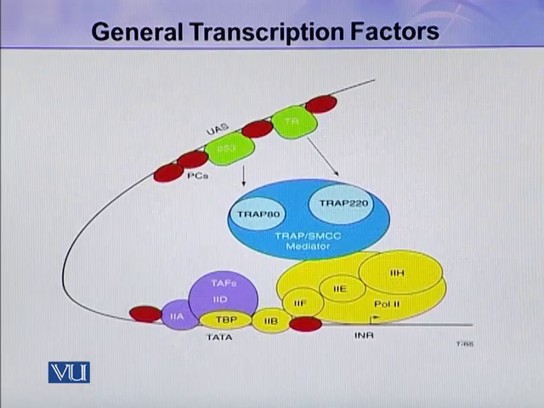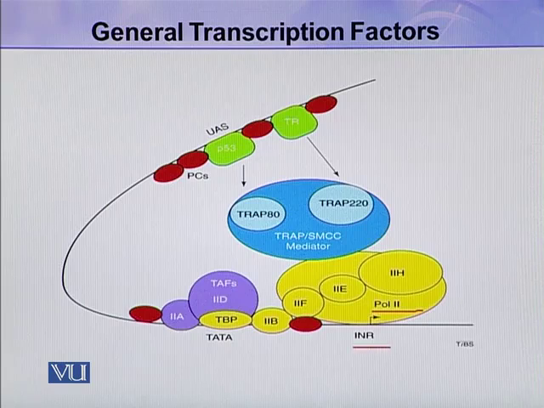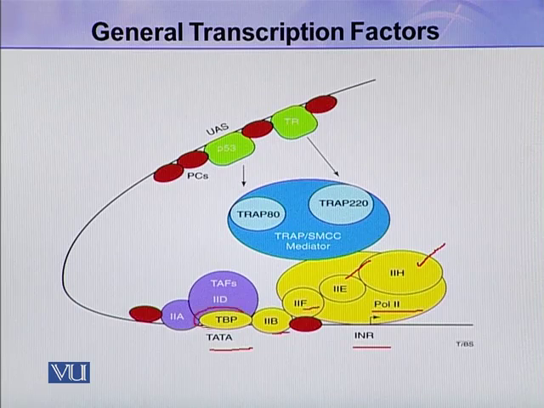So here is the picture of the whole pre-initiation complex, and in this picture you can see this is polymerase 2, and then this is the INR region, this is the TATA region along the DNA strand, and then we have different transcription factors such as this is TF2H, this is TF2E, then TF2F, TF2B, this one is TBP which binds to the TATA region, and this is the mediator complex, this one is TF2A, this one is TF2D.